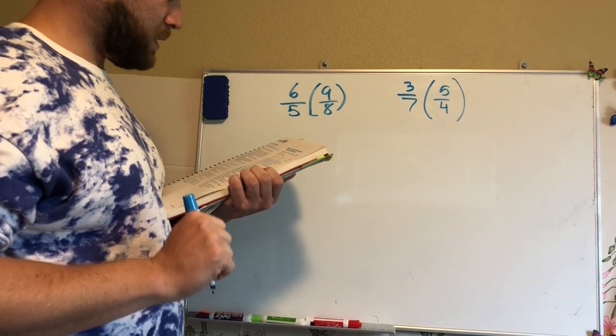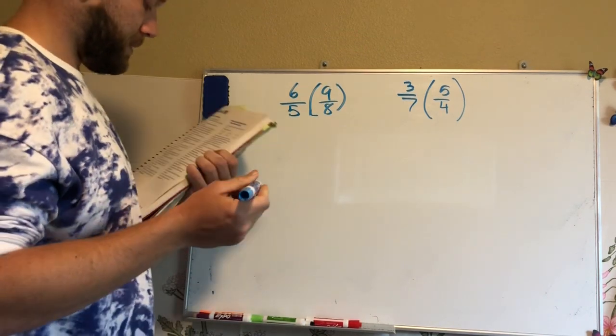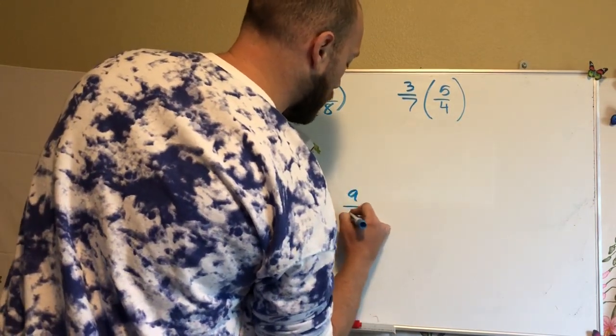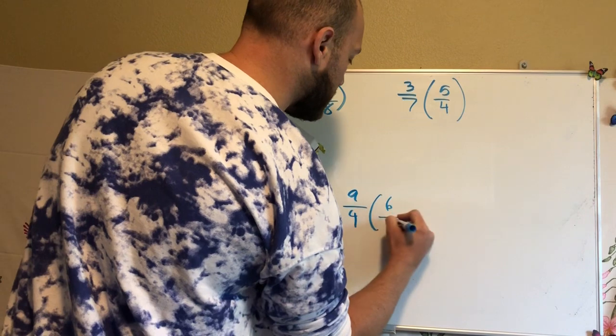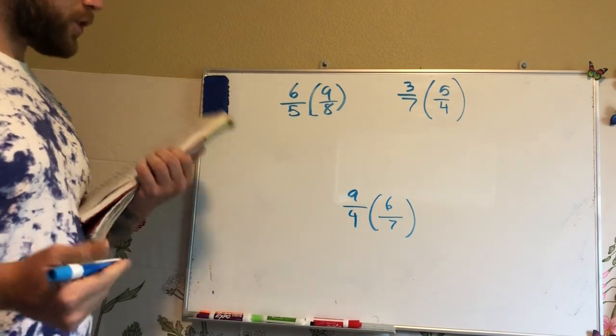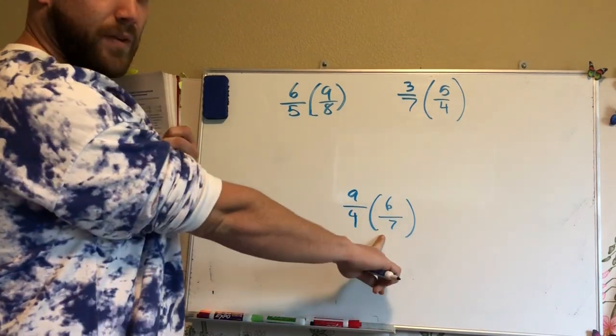Next one. 9/4 times 6/7. We have 9/4 times 6/7. What fraction are you multiplying by on this one? You're multiplying by 6/7.